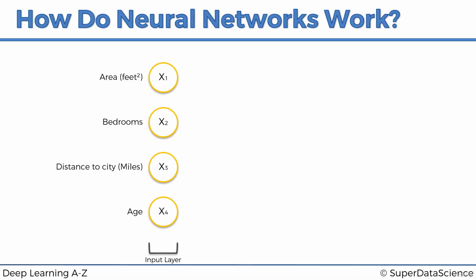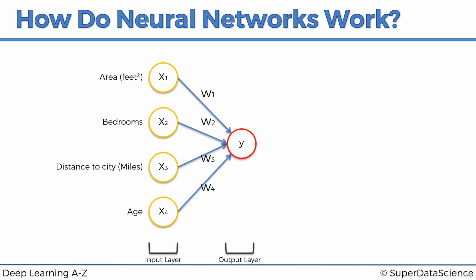Now, in its very basic form, a neural network only has an input layer and an output layer, so no hidden layers. And our output layer is the price that we're predicting. So in this form, what these input variables would do is they would just be weighted up by the synapses, and then the output layer would be calculated, or basically the price would be calculated, and we get a price.